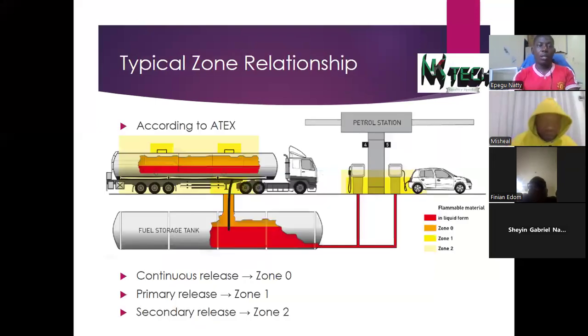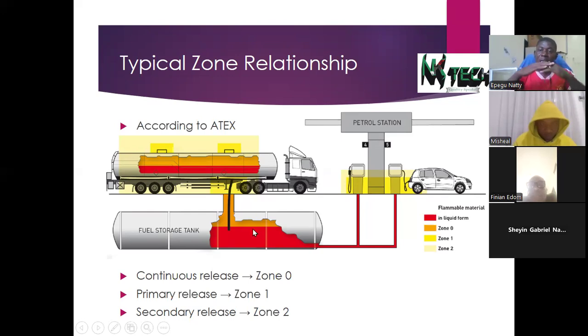Yes. Okay. So let's look at a simple example now for a petrol station. You see on the ground we have your storage tank. For the storage tank, we have your liquid inside, let's say your fuel or your diesel, anything that is there.